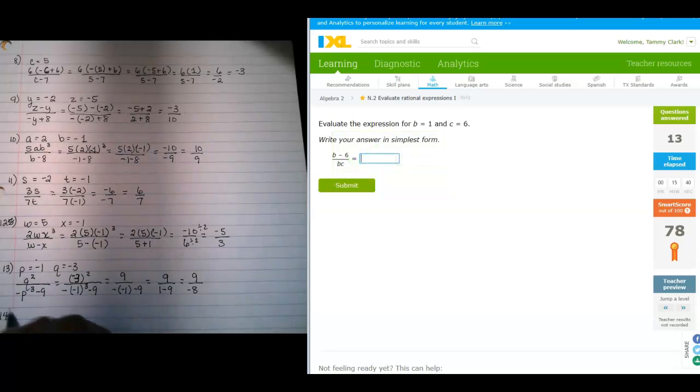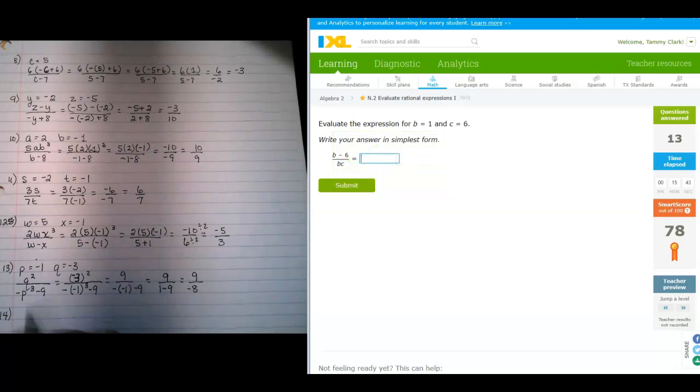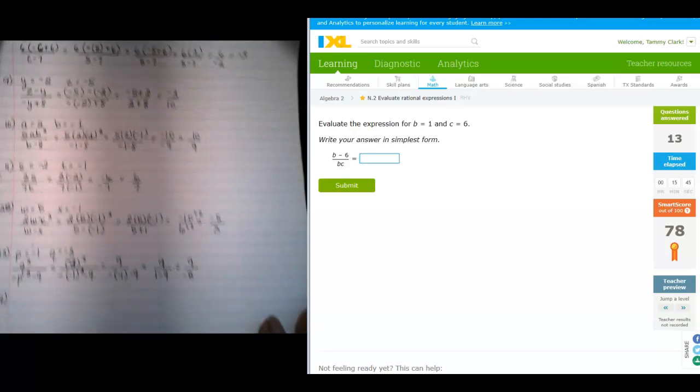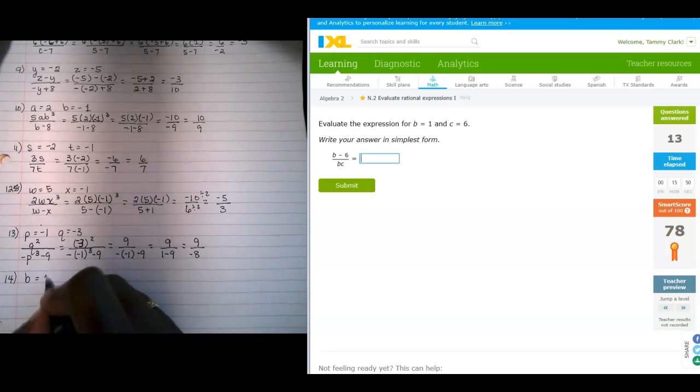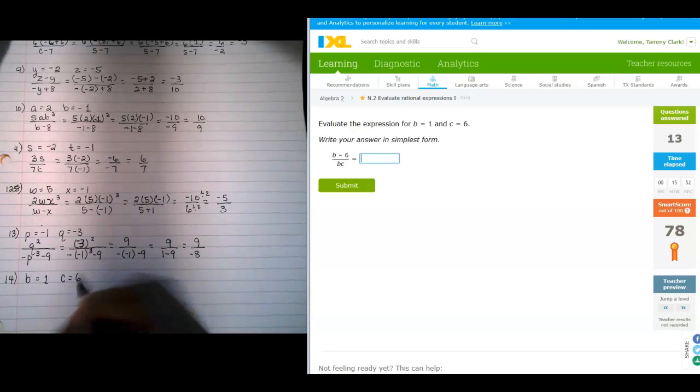Number 14, we've got B is equal to 1 and C is equal to 6.